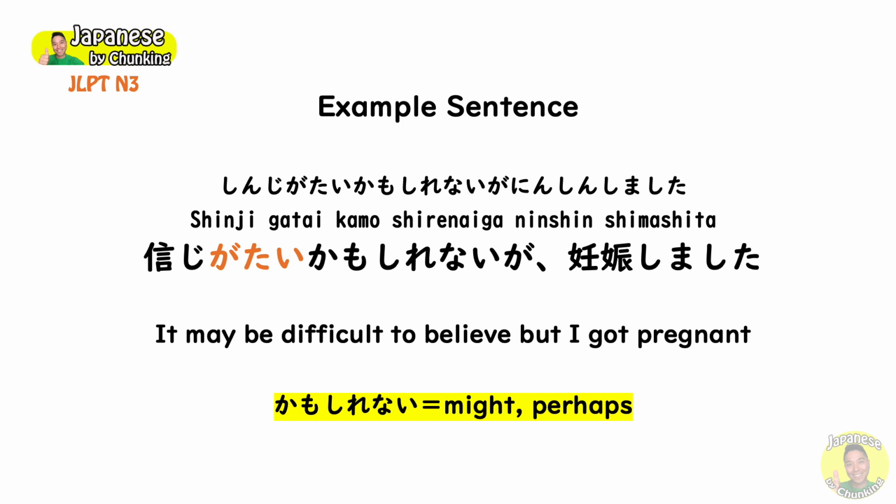So perhaps it might be difficult to believe, but 妊娠しました means I got pregnant. So 信じがたいかもしれないが妊娠しました。It may be difficult to believe, but I got pregnant.